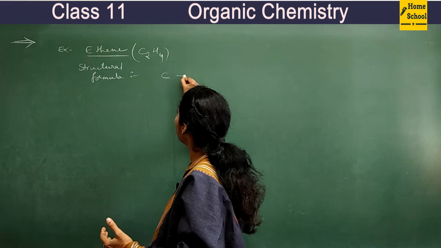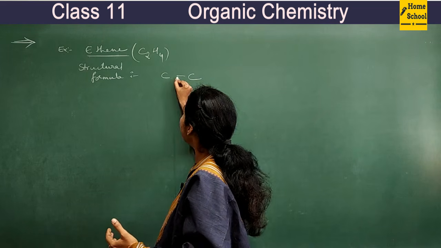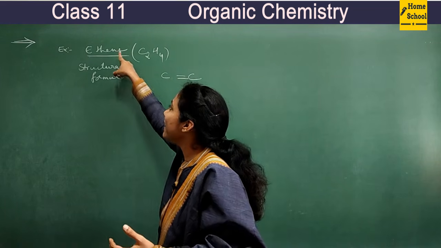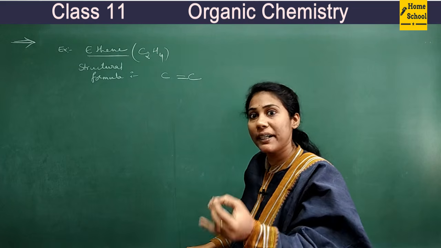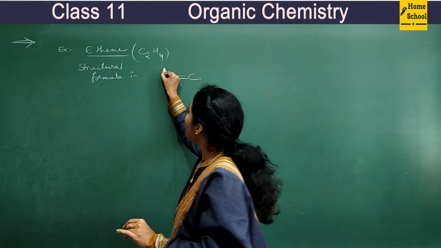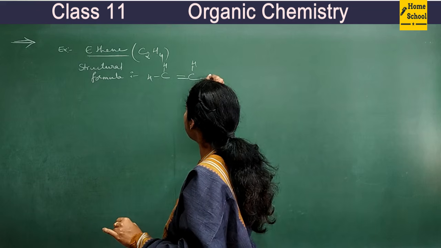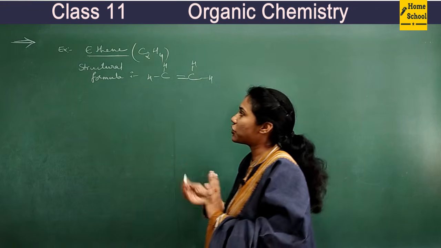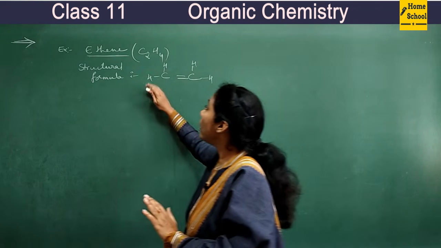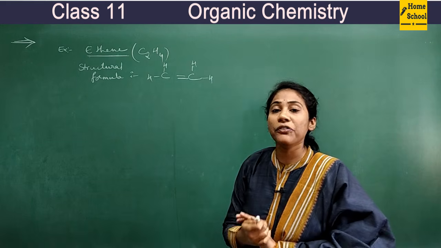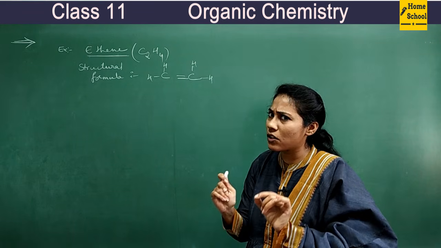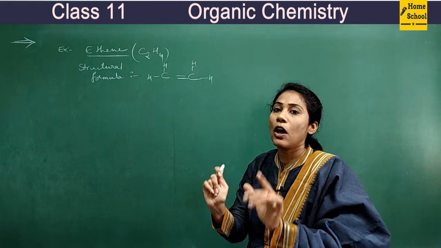Two carbons, and there is a double bond, ethene, E-N-E, in the sense there is a double bond between the carbon atoms. One hydrogen here, another hydrogen, so two hydrogens on this carbon. This is the structural formula of ethene.